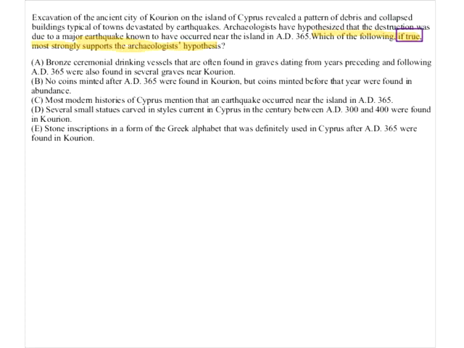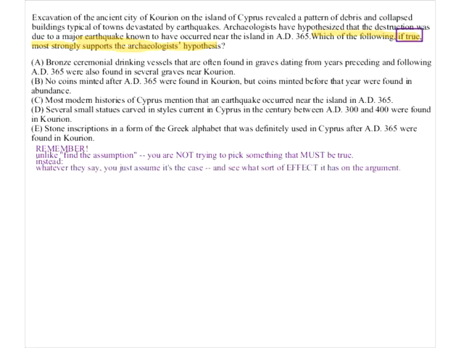Remember, unlike find the assumption, you are not trying to pick something that must be true. Instead, whatever they say, you just assume it's the case and see what sort of effect it has on the argument.